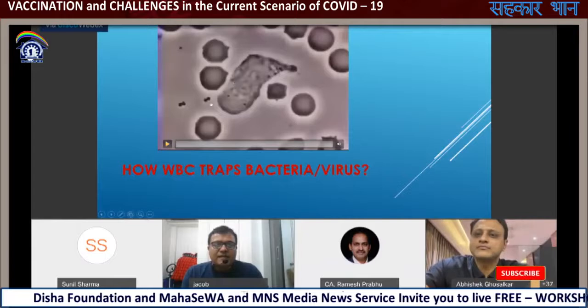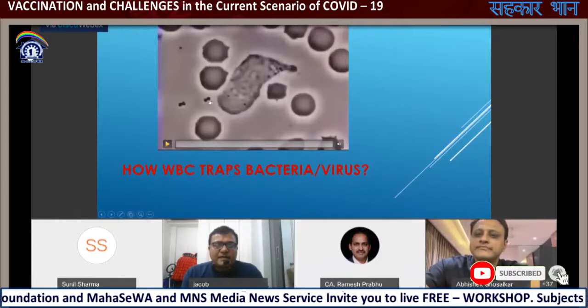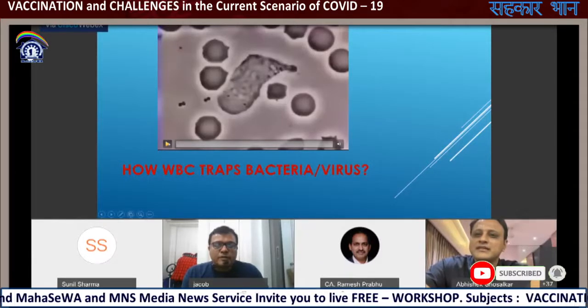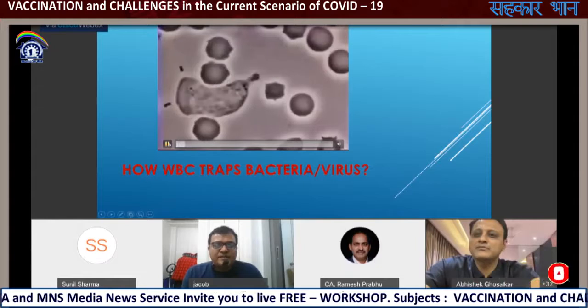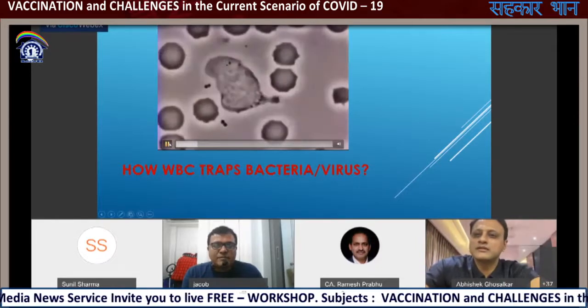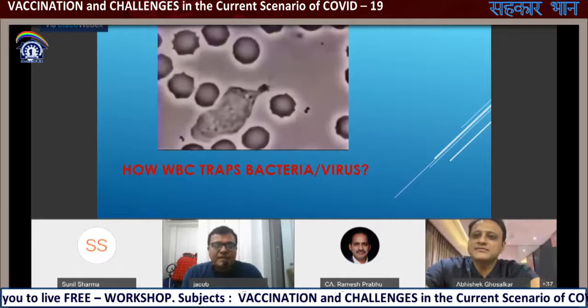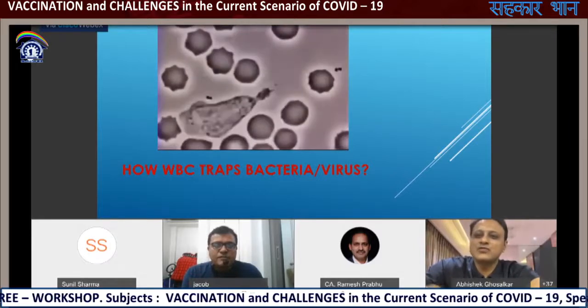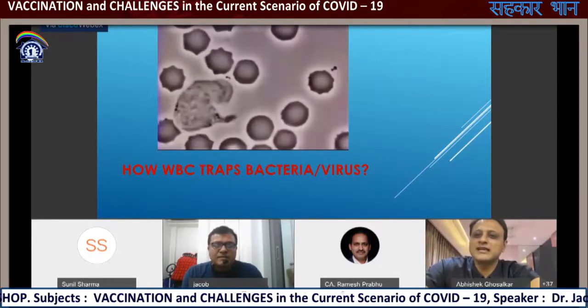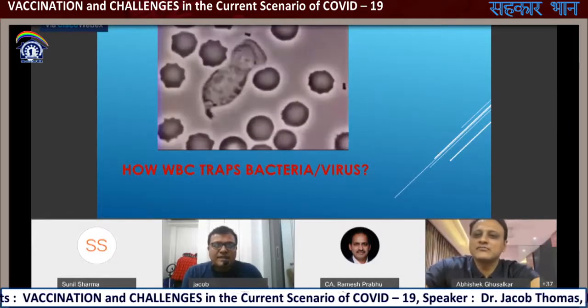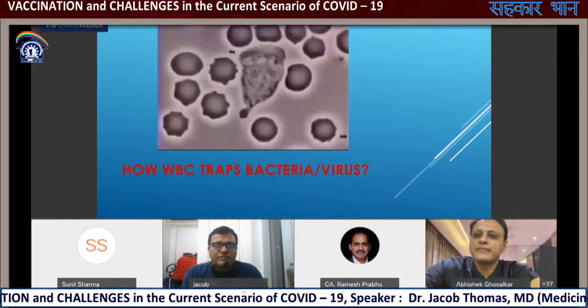Now, as soon as the antibody attaches to the bacteria, this WBC is going to try and chase the bacteria. You can see that WBC actually chasing that bacteria. The same way, when the antibody attaches to the virus, the WBC starts chasing it, and then it kind of eats it up.